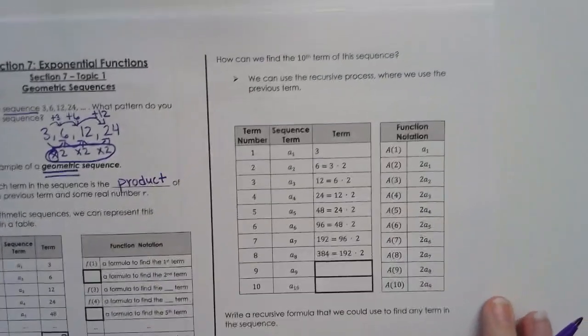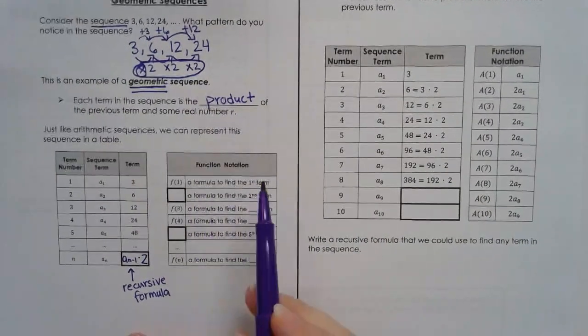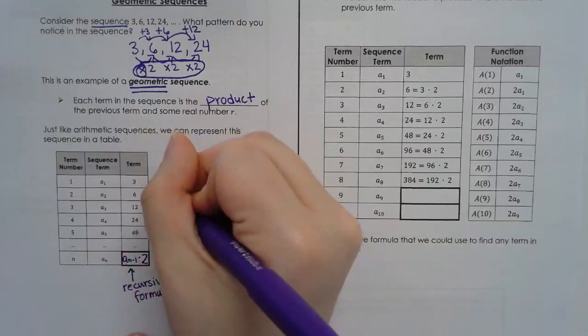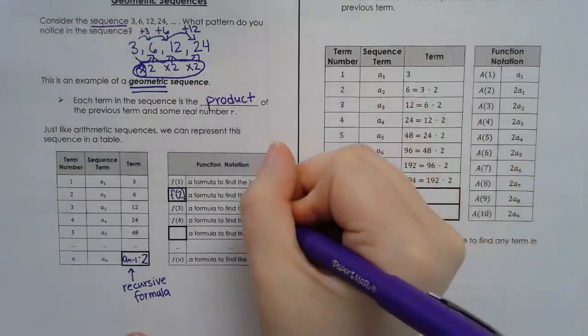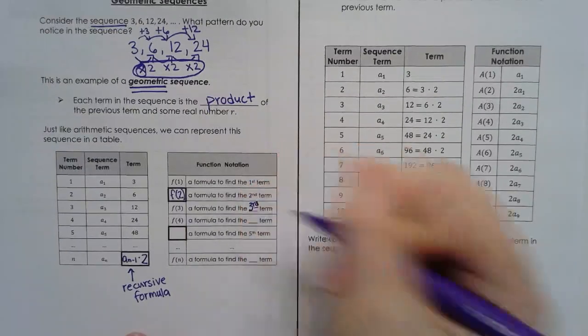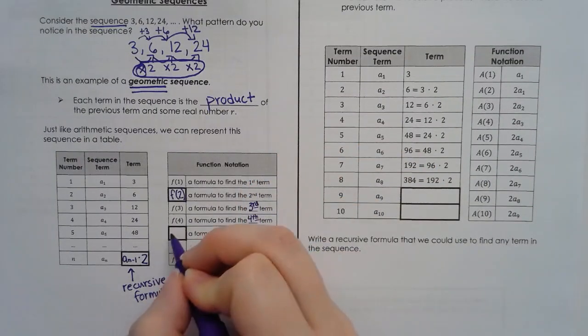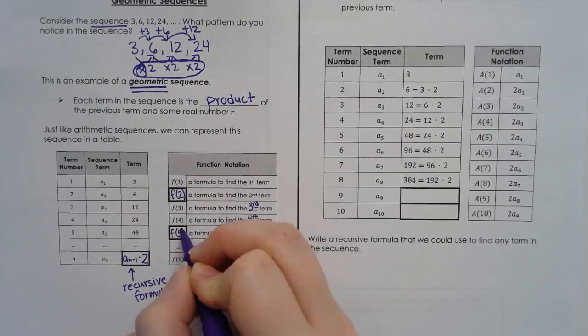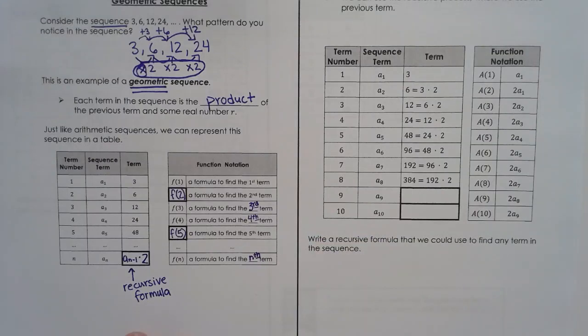Back to this table: f of 1 is the formula to find the first term, f of 2 would find the second term, f of 3 the third term, f of 4 the fourth term, f of 5 the fifth term, and f of n would be used to find the nth term.